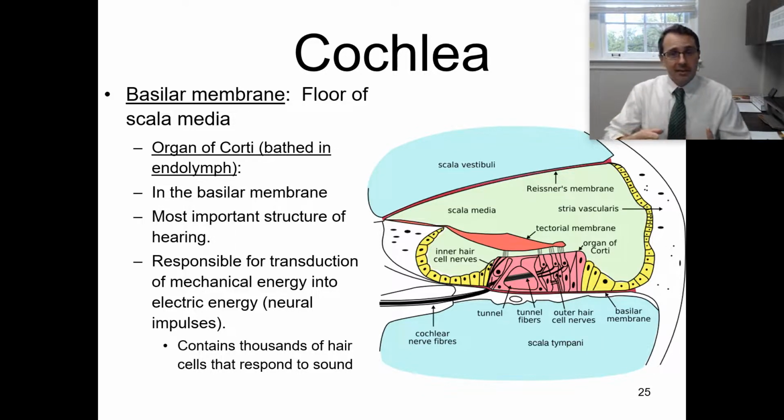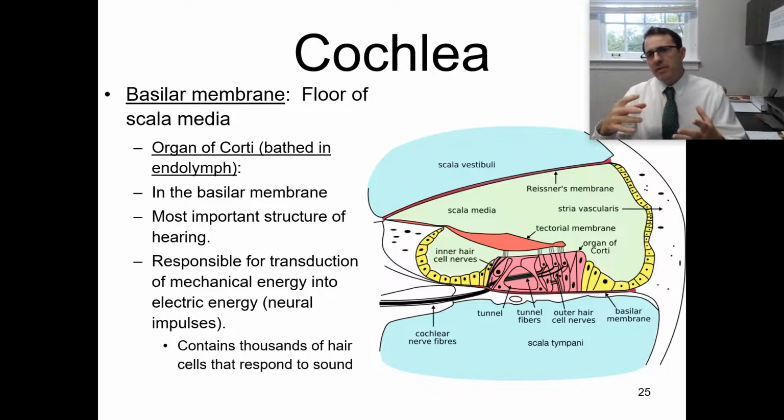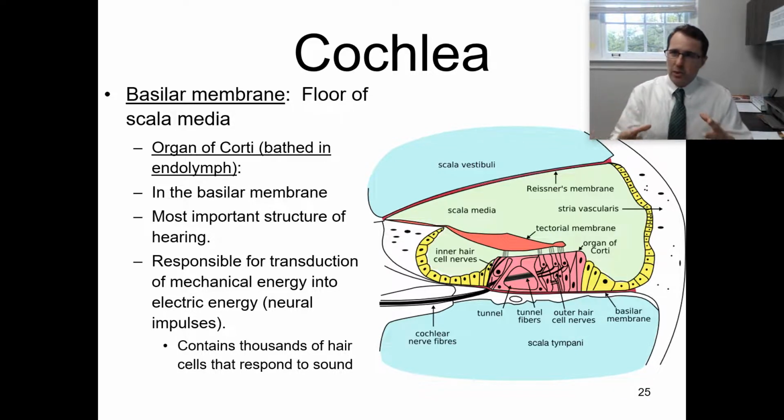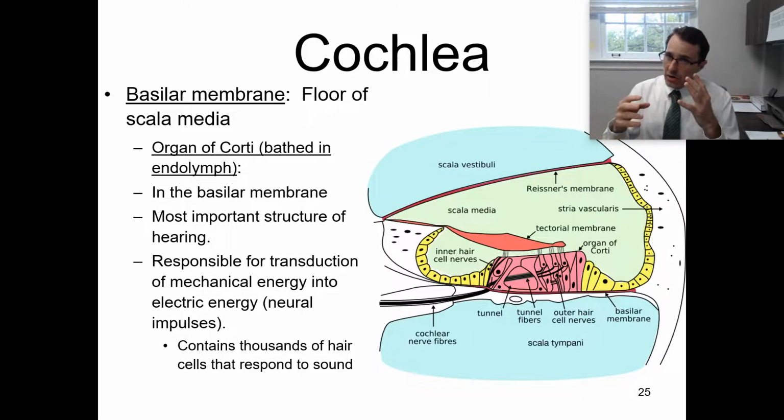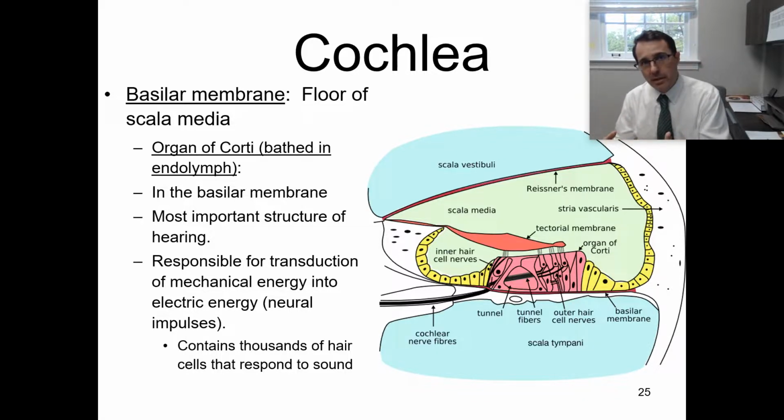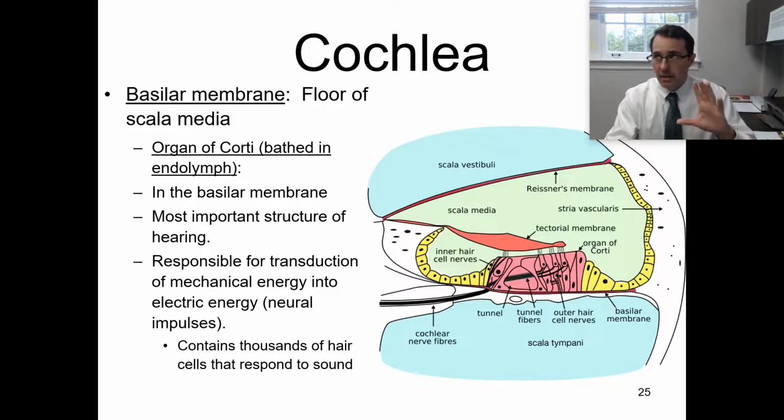The cochlea takes those waves of vibration within the fluid that's created by the mechanical energy, and through the stimulation of the hair cells, turns that energy now into electrical energy to be transmitted along the auditory nerve, the nerve between your ear and your brain, up to your brain. So whereas the middle ear is responsible for changing acoustic energy into mechanical energy, the cochlea is responsible for changing mechanical energy into electrical energy.